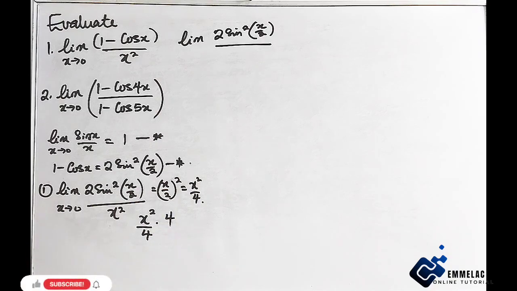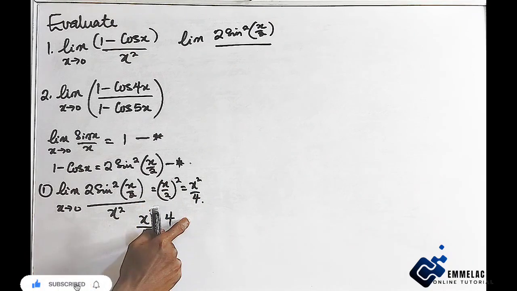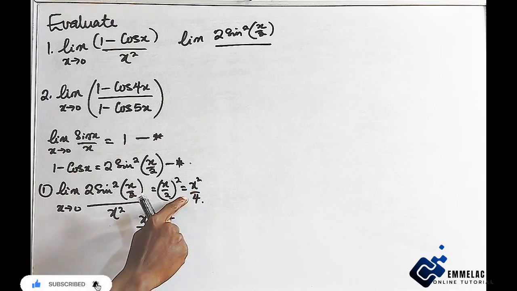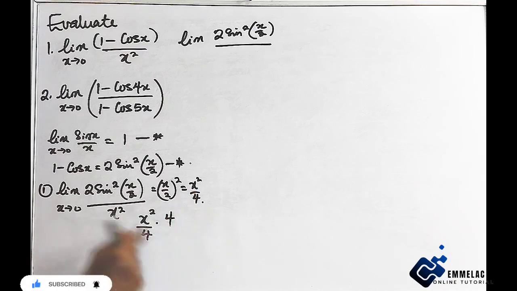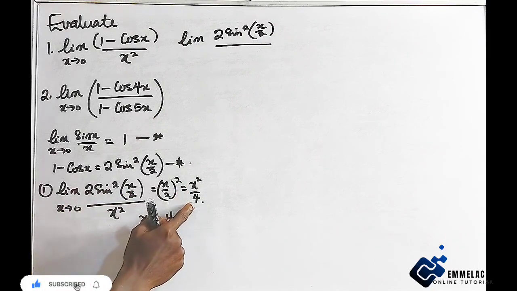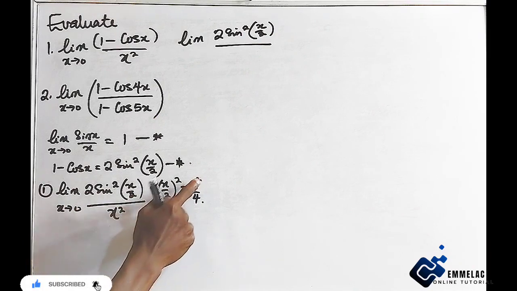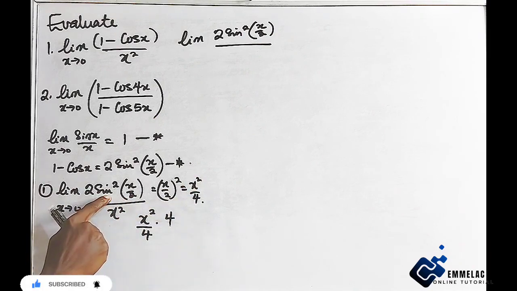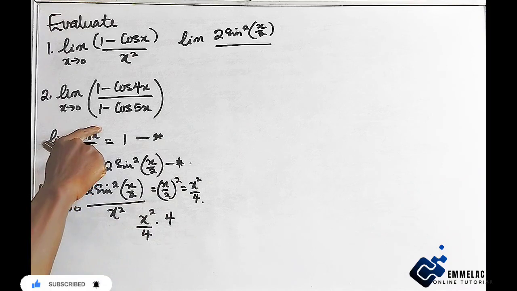Okay, so this term here becomes this term. I don't know if I'm confusing you. Alright, here we have x squared all over 4 at the numerator as the term that represents x.